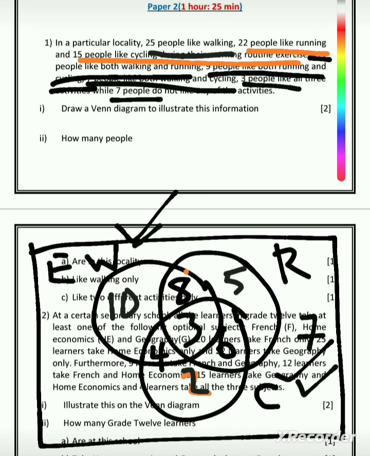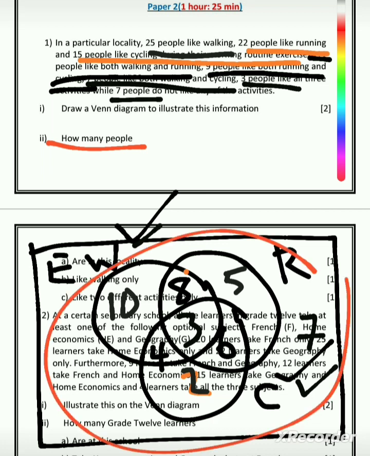The first one, I've covered them here, but I'll be reading them. Question 2a, how many people are in this locality? You just have to add the numbers. 10 plus 8, 18 plus 5, 23 plus 3, 26 plus 6, 32 plus 4, 36 plus 2, 38 plus 7, 45.